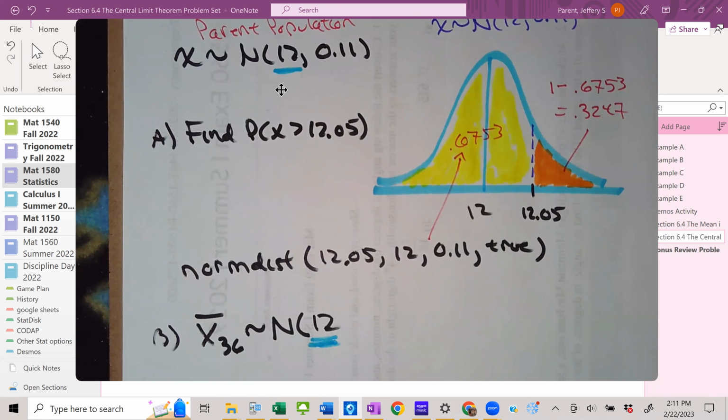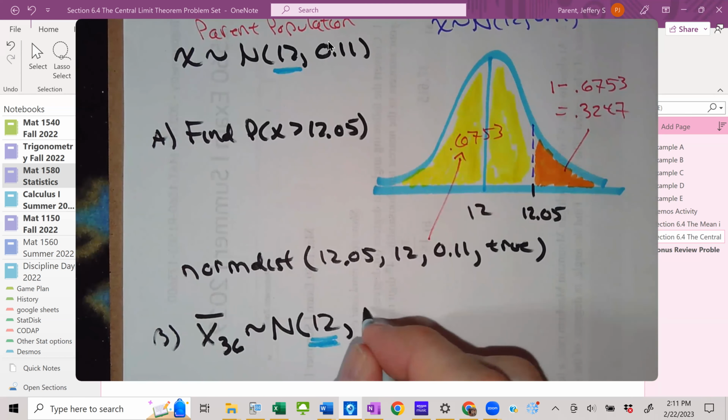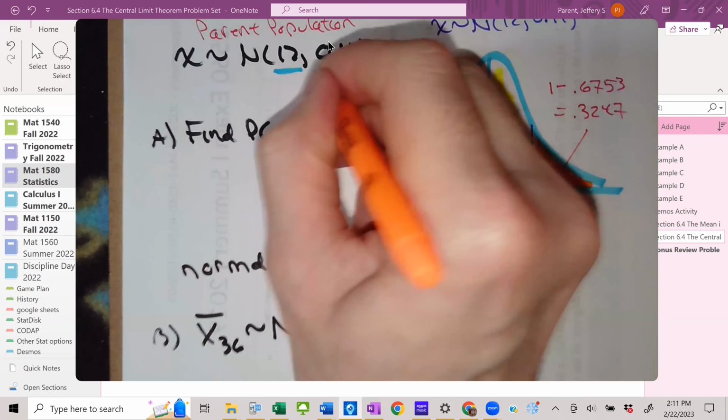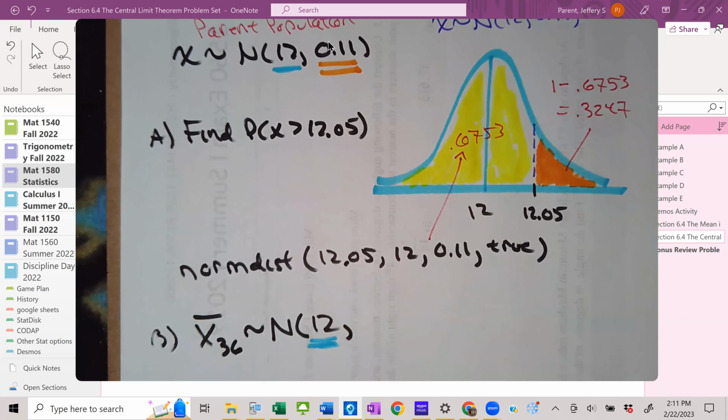What's the standard deviation going to be? Is that the sigma divided by the square root of n? Well done. So here it's going to be the standard deviation divided by the square root of the sample size. So it's going to be 0.11.